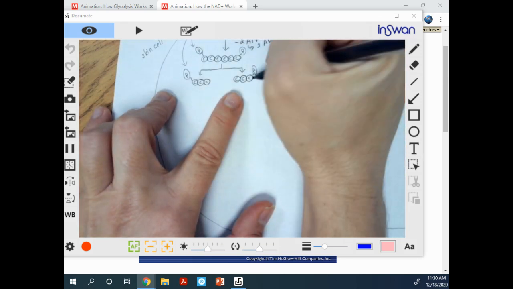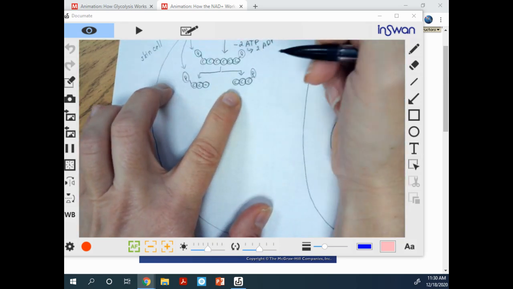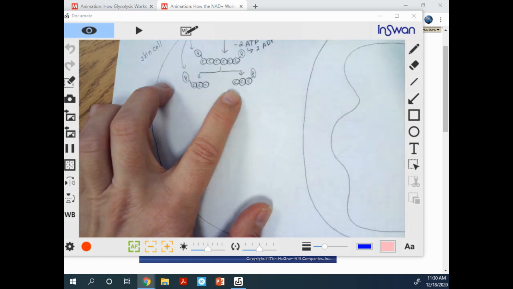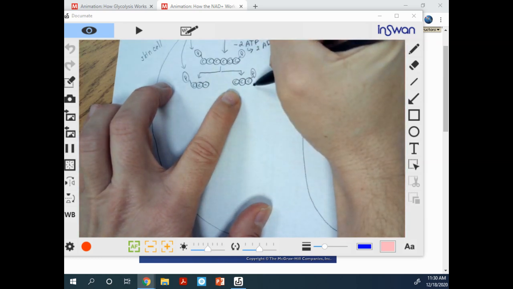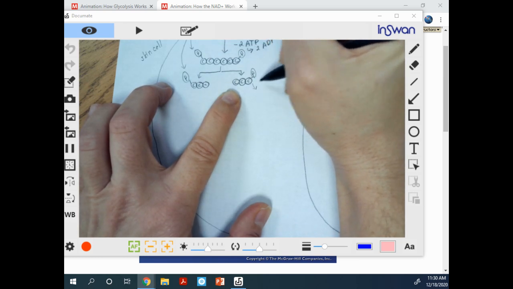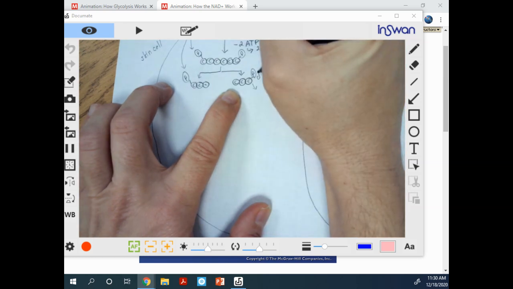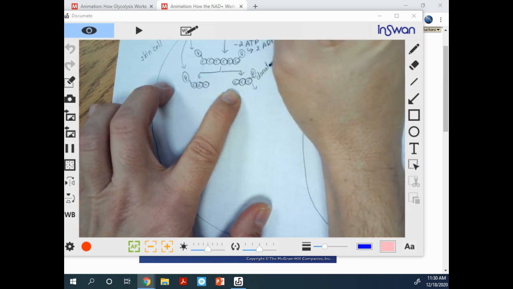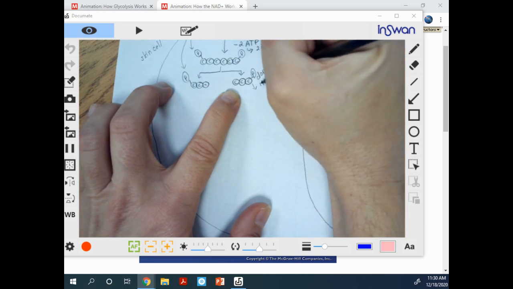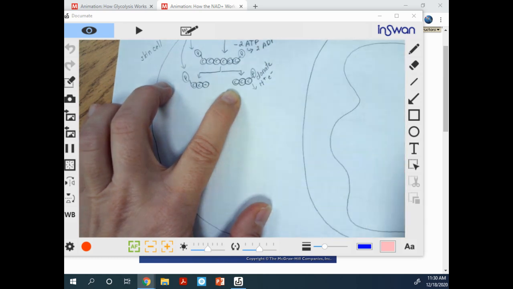So what's going to happen at this step is an oxidation reduction. What that means is this molecule is going to lose, or you can say donate, a proton and an electron.